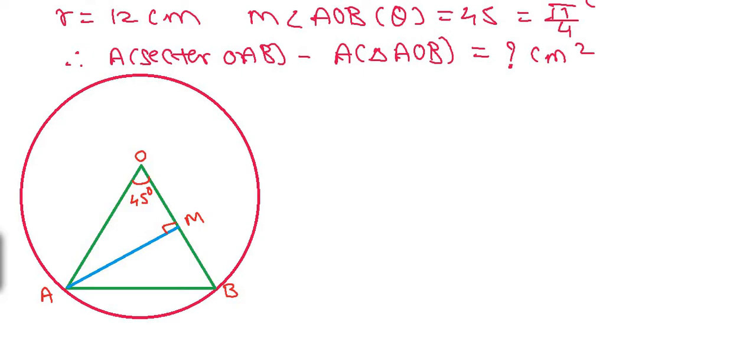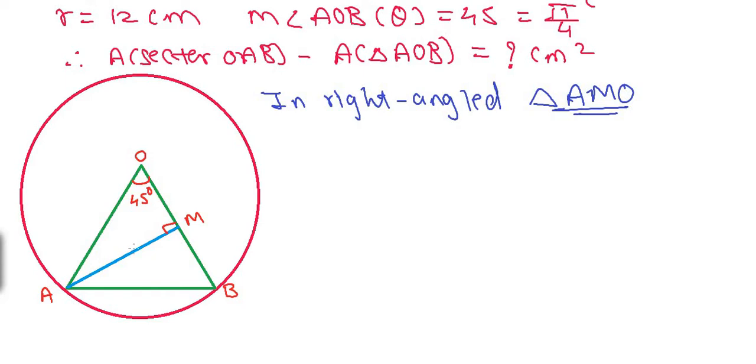Now we'll try to find out this height of a triangle by using the definition of sin theta. Now observe right angle triangle AMO. In right angle triangle AMO, measure of angle AMO is equal to 90 degree. Side opposite to 90 degree is hypotenuse. So AO is hypotenuse.